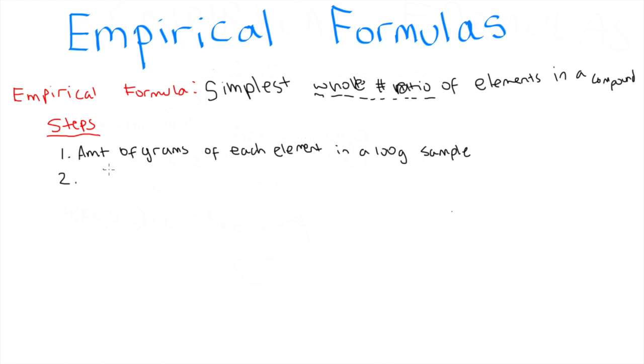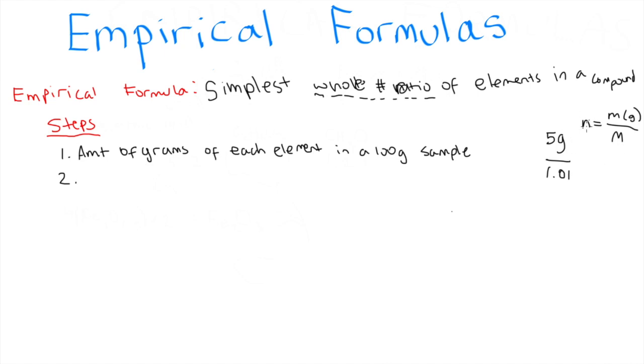So if you have, let's say, an element that in a 100-gram compound would have 5 grams, representing 5 out of the 100 grams, you divide this 5 grams by its molar mass. Let's say it's hydrogen, which has an approximate molar mass of 1.01, or 1.008 to be more specific. You remember the formula: n, or moles, is equal to mass in grams over the molar mass in grams per mole.